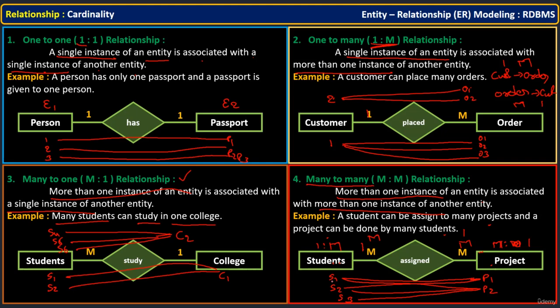Here S1 is doing two projects, and project 1 is done by two students. From this side it is one to many, from that side many to one. Together we say many-to-many relationship. These are the four possible relationships: one-to-one, one-to-many, many-to-one, and many-to-many.